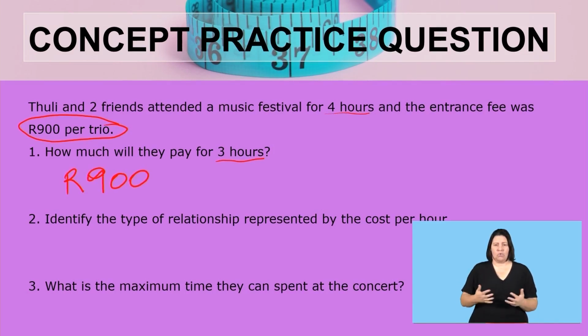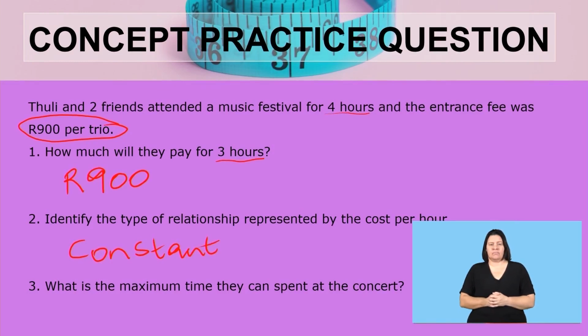The second question. Identify the type of relationship represented by the cost per hour. So now looking at this relationship, because the amount becomes the same, it's fixed regularly, we can say it is fixed or it is a constant relationship. The next question.